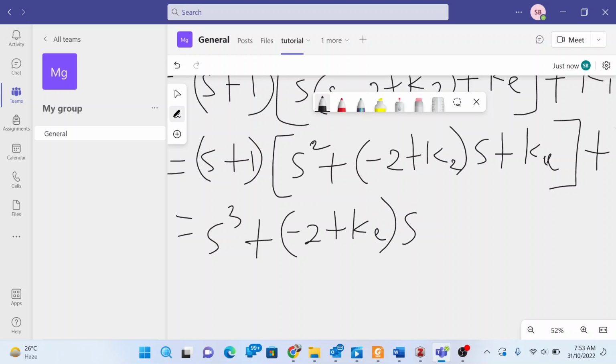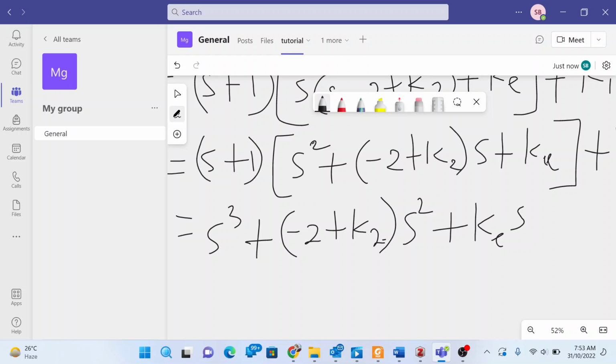So this is going to be S squared. Sorry, this is S, this is K2. Mistake. This is K2. Now S multiplying KE gives plus KE S.